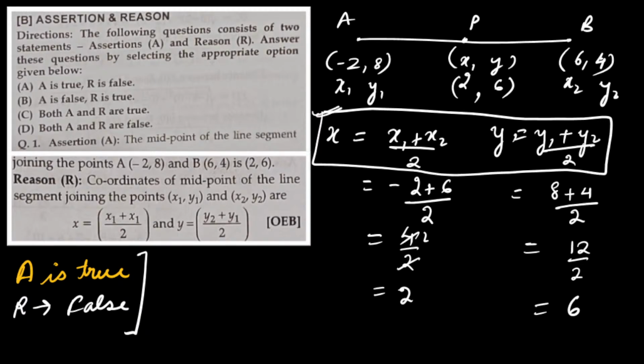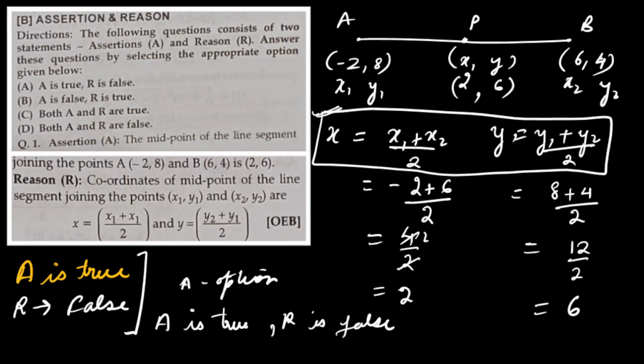It's false. So which option then? A is true, R is false. That is option A, the right option as well as the answer. So let's do the next one now.